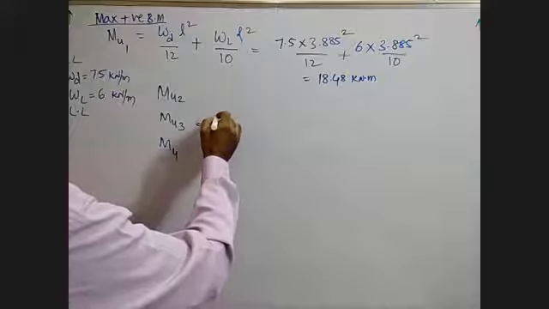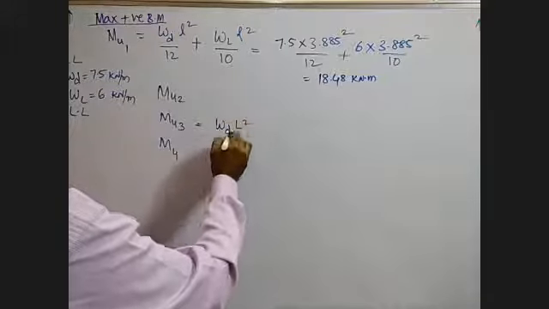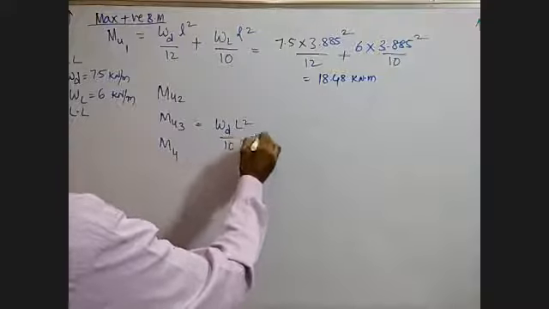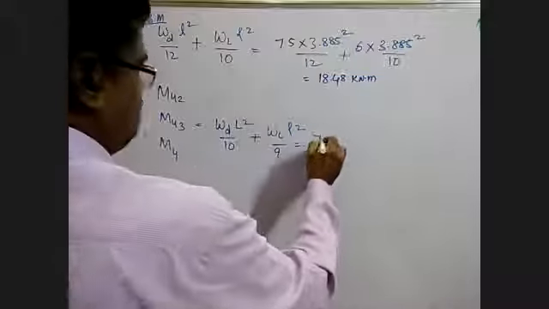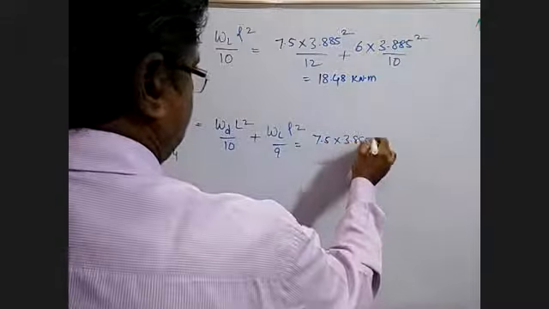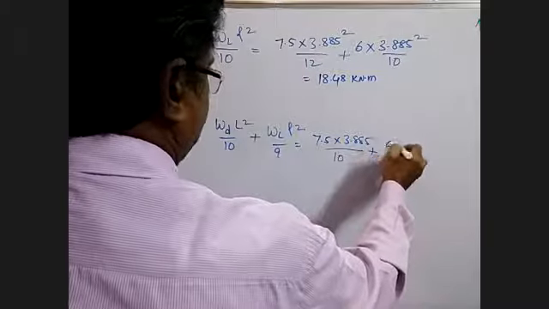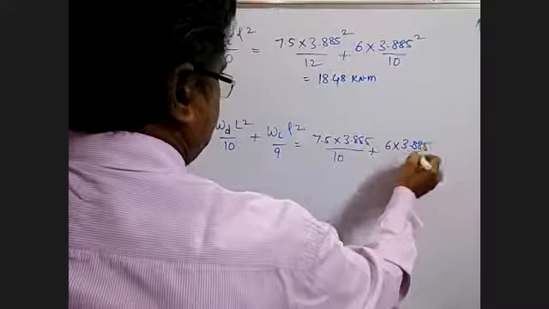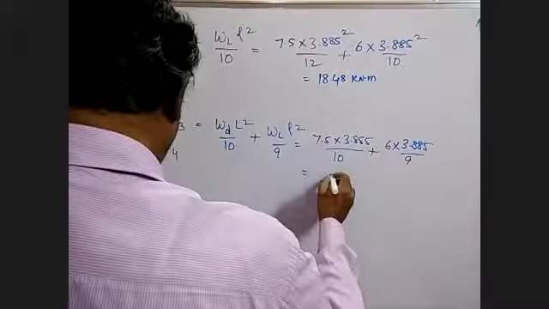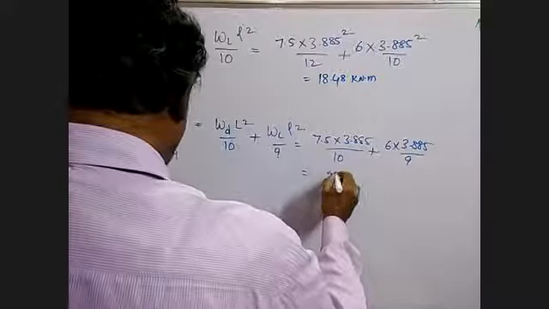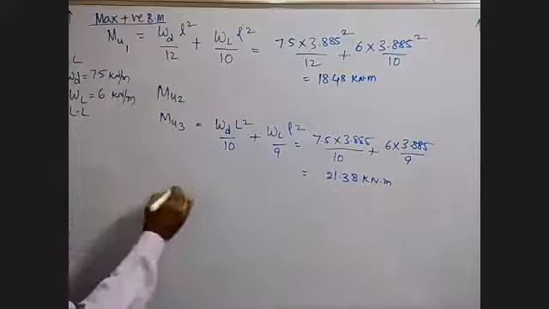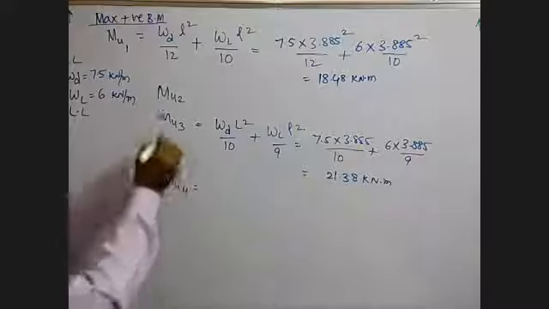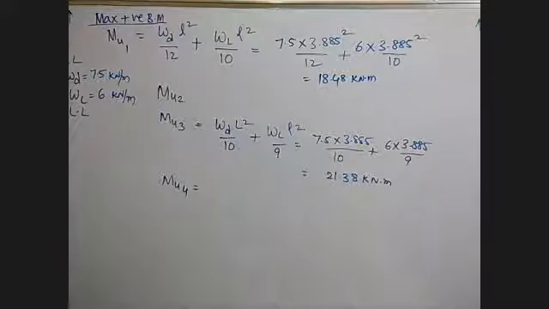Now MU3 is WD L square by 10 plus WL L square by 9. In the same way, calculate MU2 and MU4. Do those two also, but the bending moment is higher at these two places.